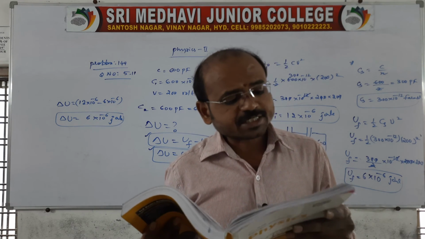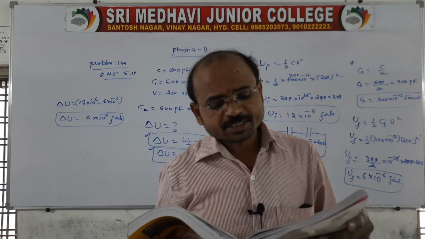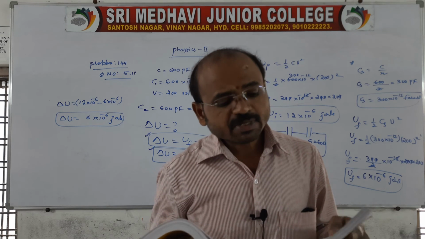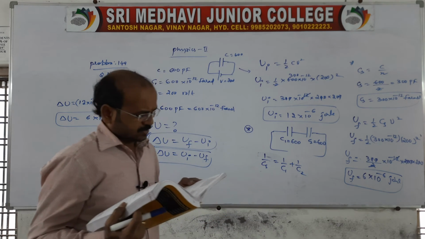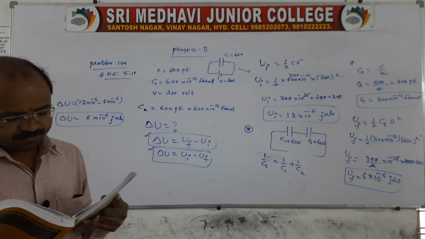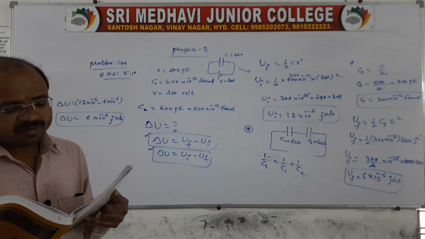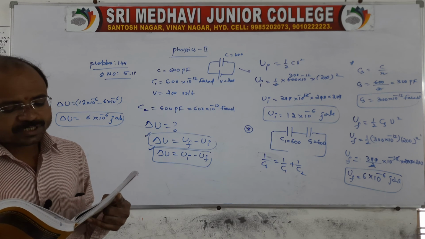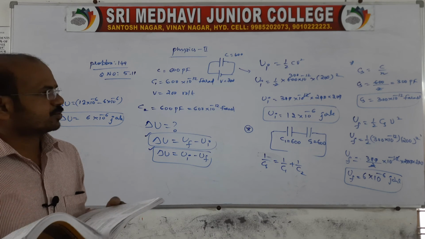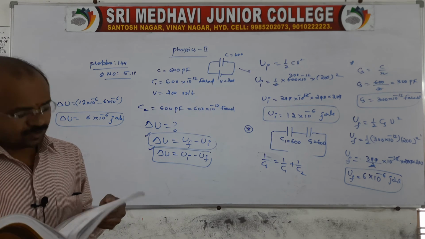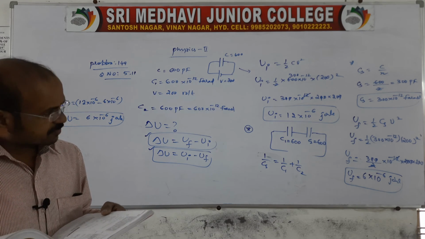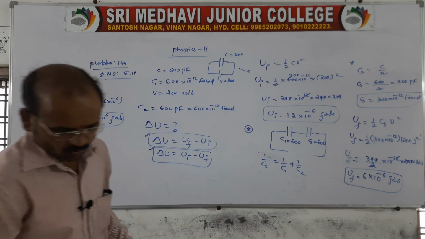The page number 146, question number 10, and question number 11 also you do. Your question number 10 is also the same, it is asking loss of energy. But question number 11 is, find what potential one must be charged, it is asking potential. So better you do this too as homework. Question number 10, page number 146, and same page number 146, question number 11 you do as homework.